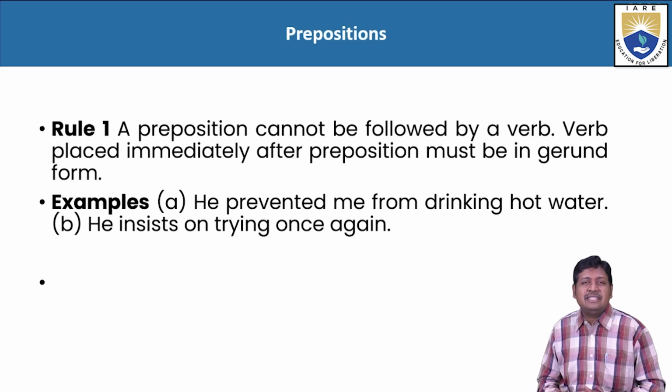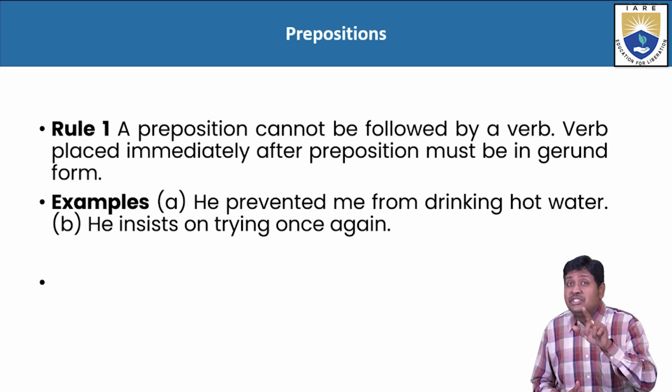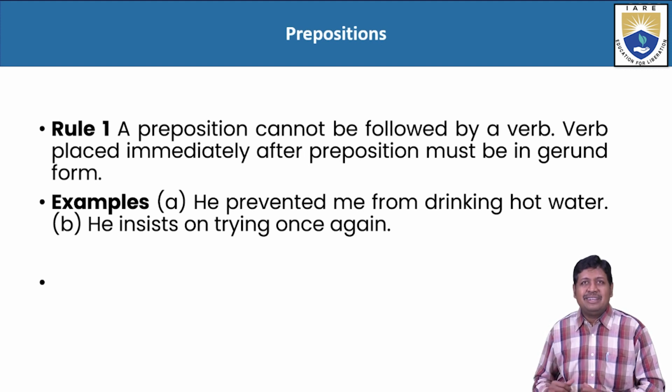Or if you see this example, he prevented me from drinking. That is a verb here. Hot water. Similarly, look at another sentence. He insists on trying once again. So, on is a preposition. Trying is the verb here, which is in gerund form, present participle, ing form. Progressive form of the verb. Alright, okay.